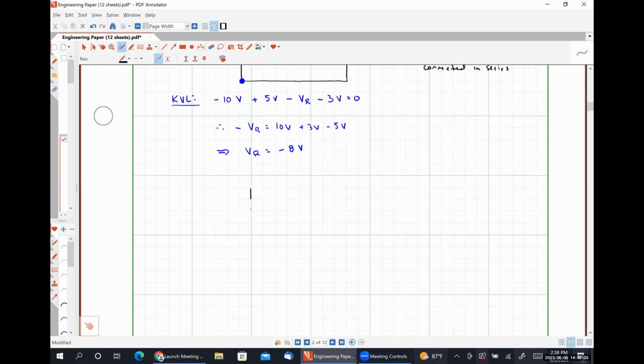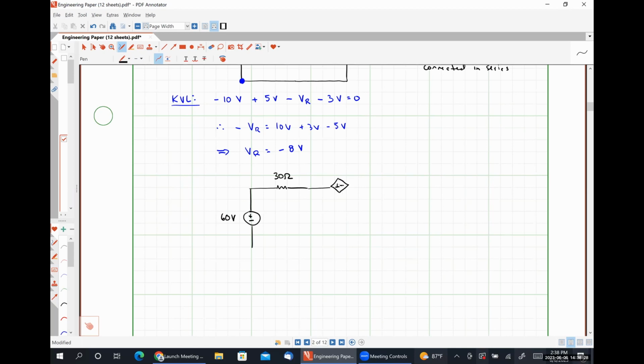This is the circuit that I want us to analyze. Let's make this a 60-volt source, a 30-ohm resistor. I'm going to put a dependent source here.